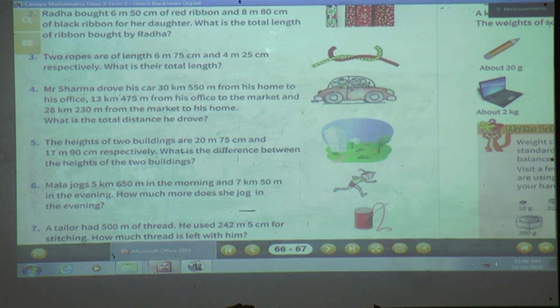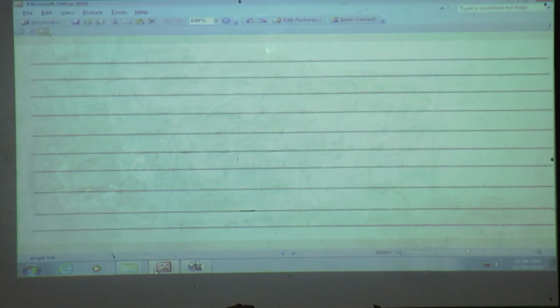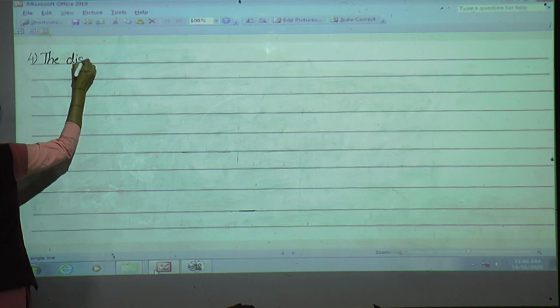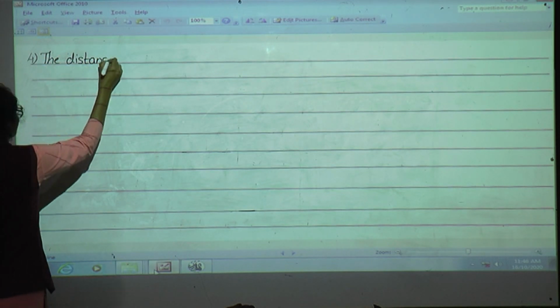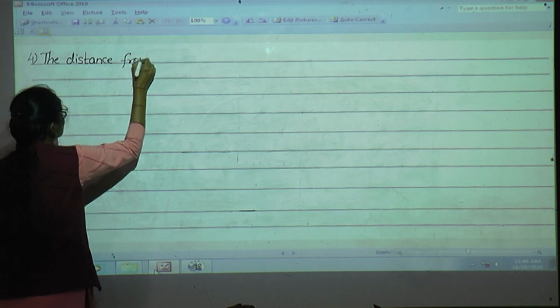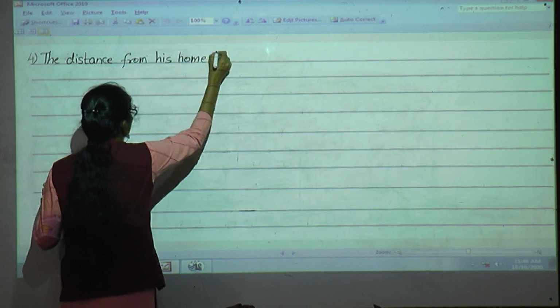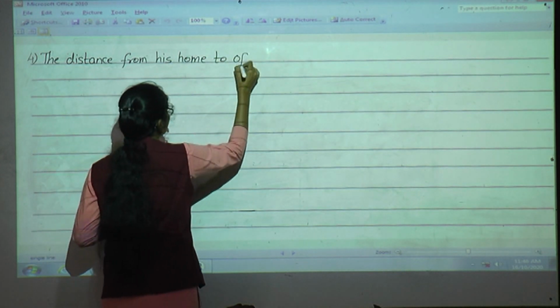Okay, so here first we will write, Mr. Sharma drove his car 30 kilometer 550 meter from his home to his office. So here we will write the distance from his home to his office.